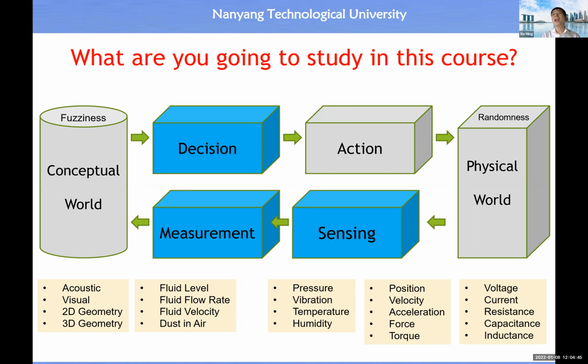In addition, this course will teach you the basic details about the physical world and the conceptual world. And also, this course will teach you the basic knowledge to cope with randomness in the physical world and to understand the fuzziness in the conceptual world.